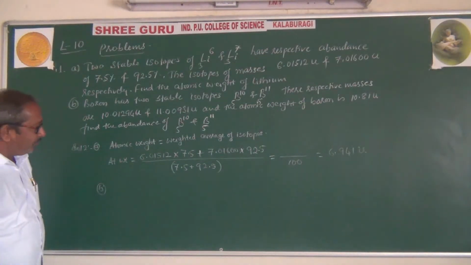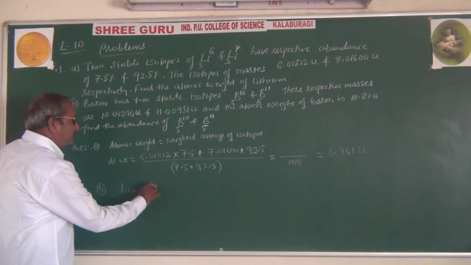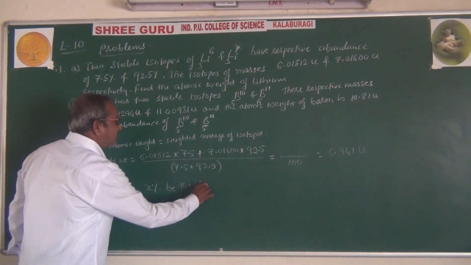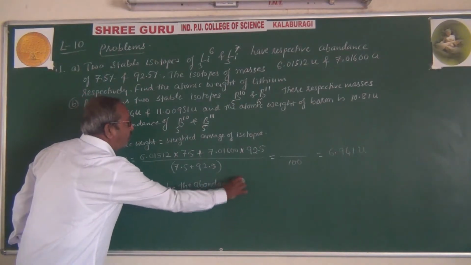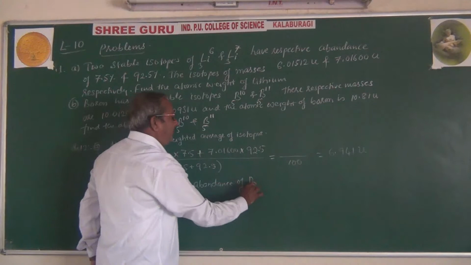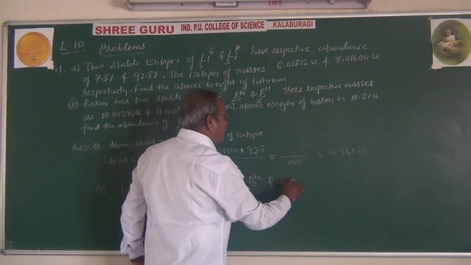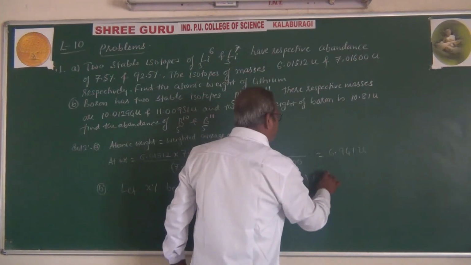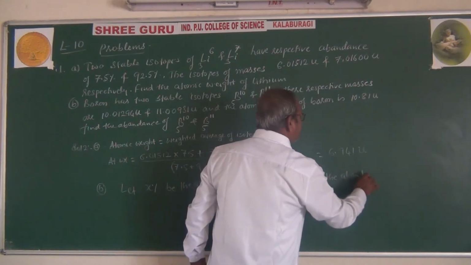For that purpose, let us consider x percent to be the abundance of boron 10 and 100 minus x to be the abundance of boron 11.